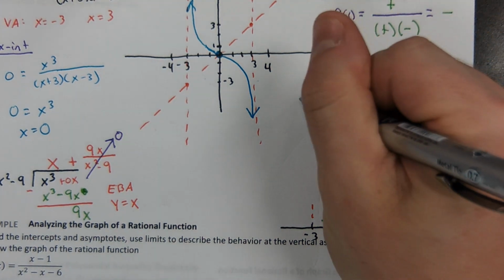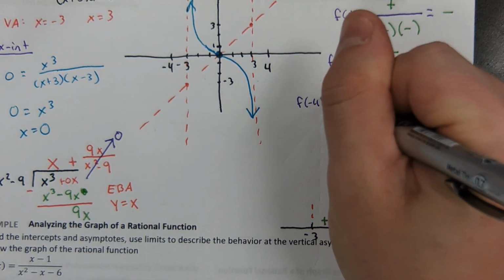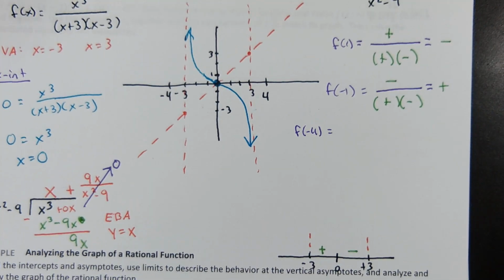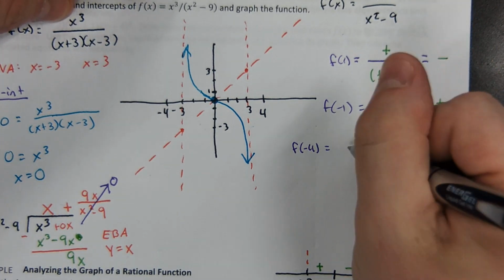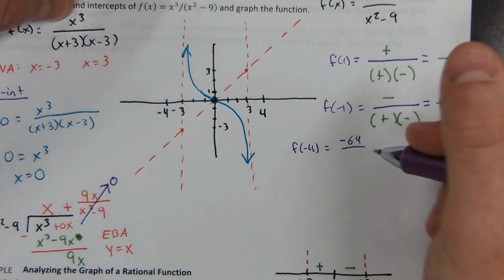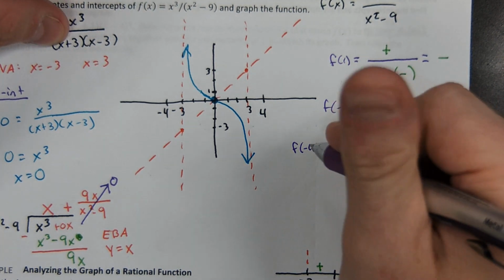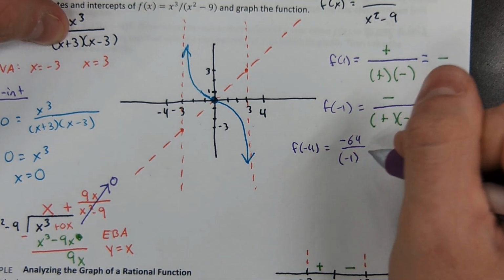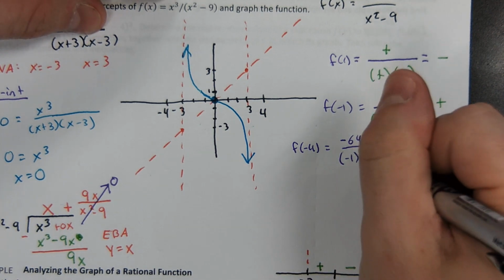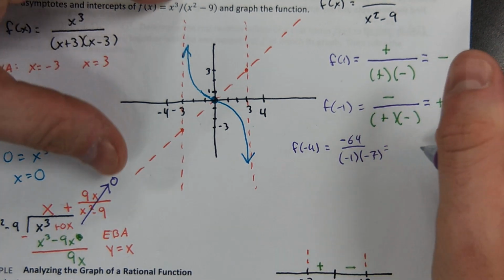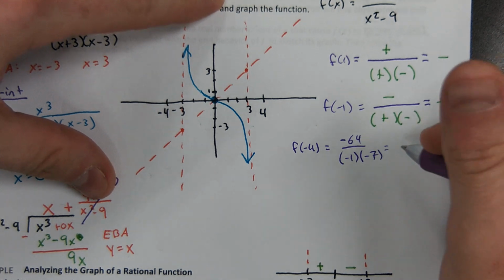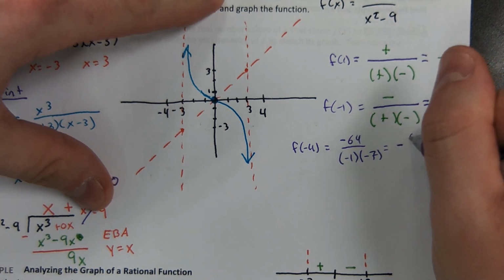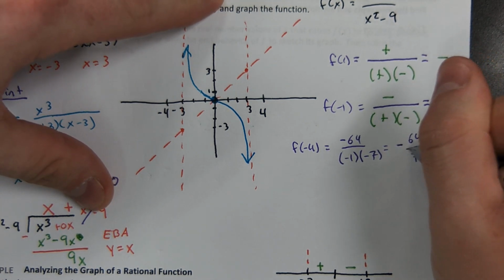Let's see what happens at negative 4. Negative 4 to the third power is negative 64. Negative 4 plus 3 is negative 1. Negative 4 minus 3 is negative 7. I get negative, my apologies, 64 over 7.